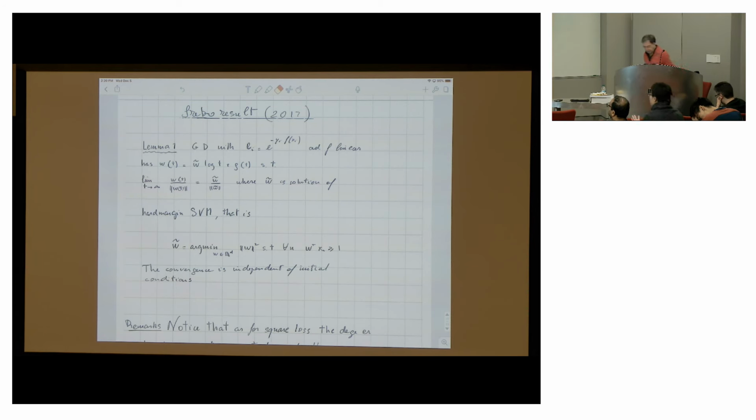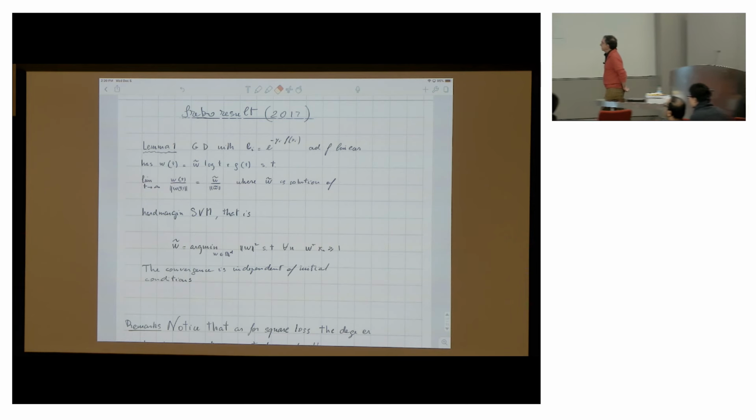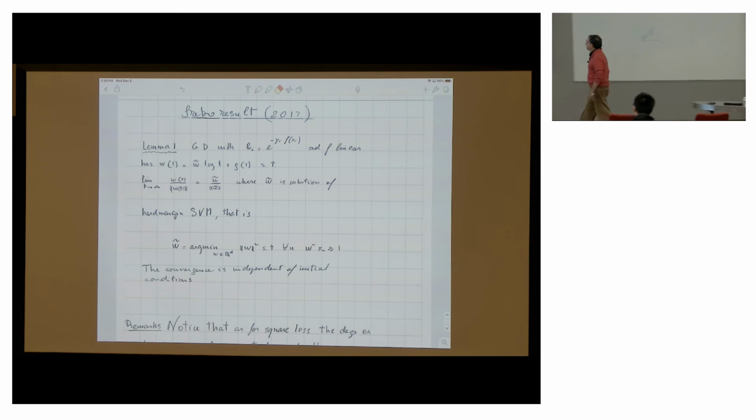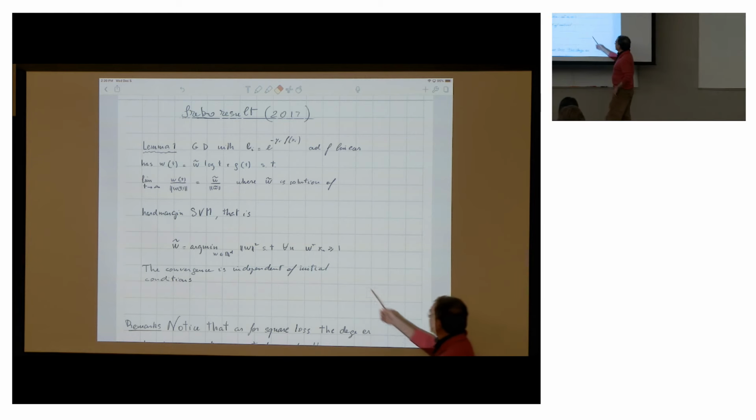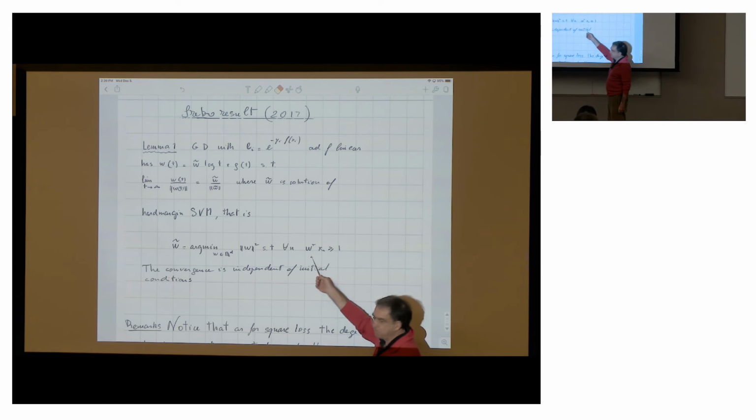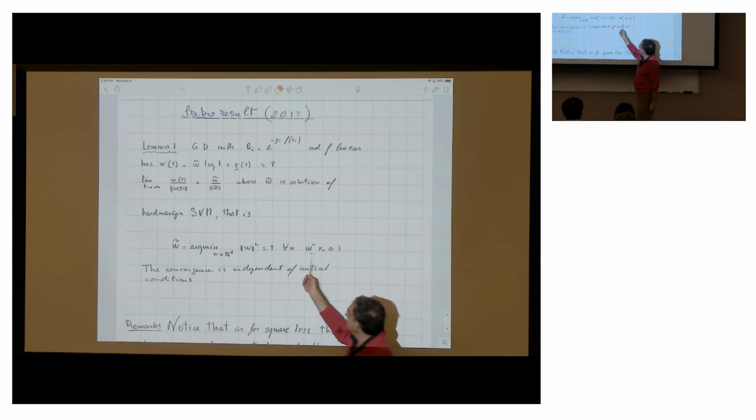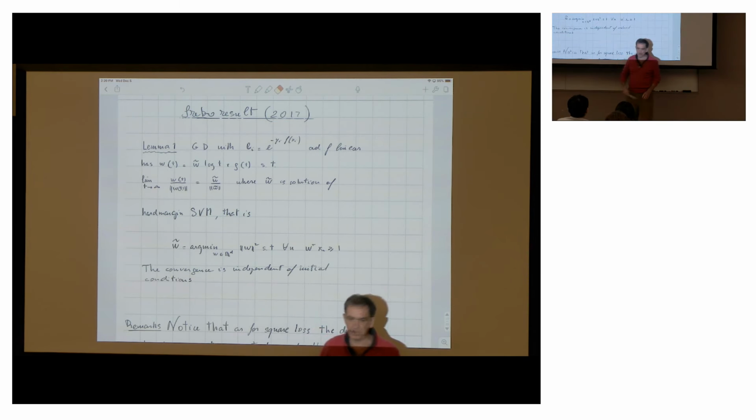So to the solution of the problem below: finding a set of weights such that they separate the data and have minimum norm.